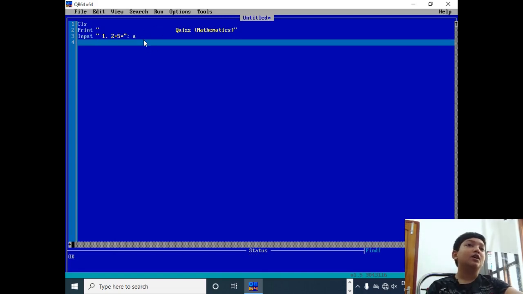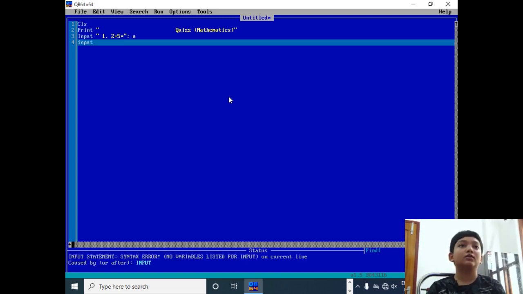Now in this case we will write nothing, just don't write anything, and we will be calculating the points also. Then again input, I have to give the second question: 5 multiplied by 5 equals to how much?